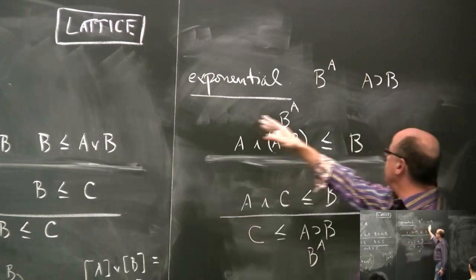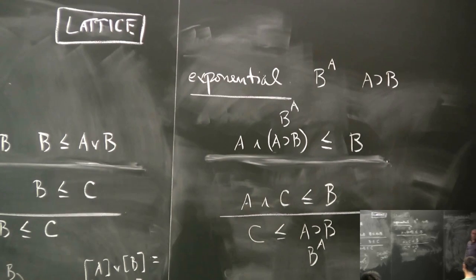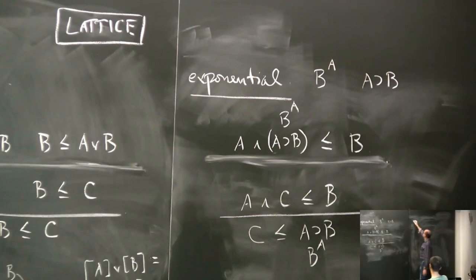And then in addition, we have the notion of an exponential, which gives us the structure altogether, modulo the business about partial order versus pre-order, of what is called a Heyting algebra, which is a lattice with exponentials. So we have an exponential like we have here, and that gives us a lattice, so a Heyting algebra.